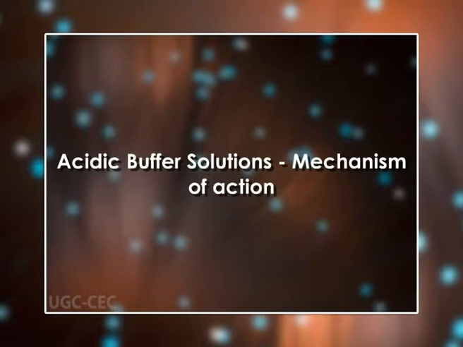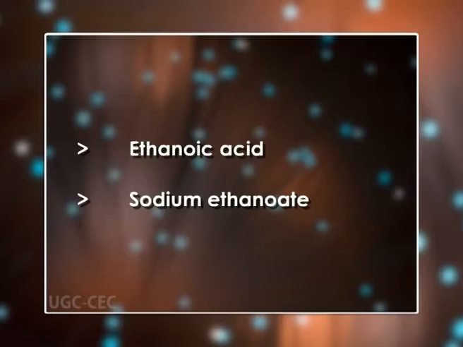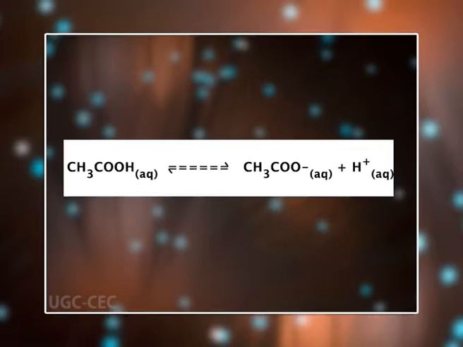So dear friends, let's first discuss the mechanism of action of acidic buffer solutions. As a typical example, let us take a mixture of ethanoic acid and sodium ethanoate. Ethanoic acid is a weak acid and the position of this equilibrium will be well to the left.